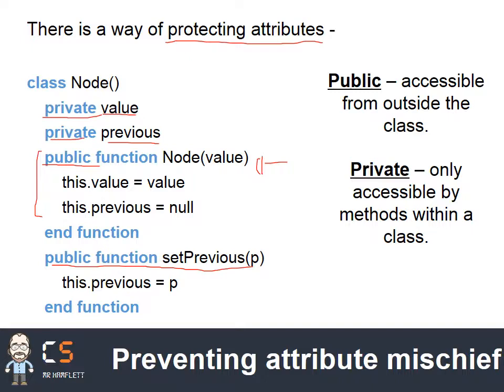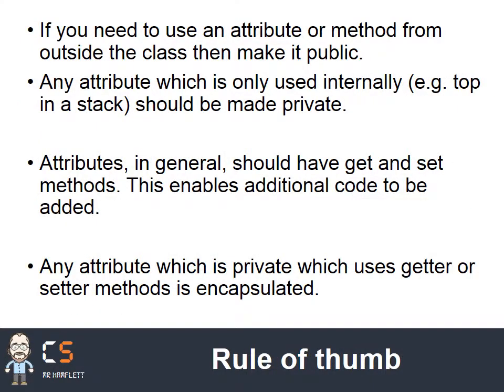So we've got these two very simple ideas. Public methods can be accessed from anywhere, private can only be accessed within the class, and we tend to use private to hide attributes of that class and essentially encapsulating them. So rule of thumb, if you need to use an attribute or method from outside the class, then we make it public.